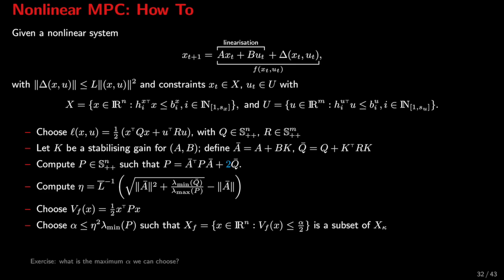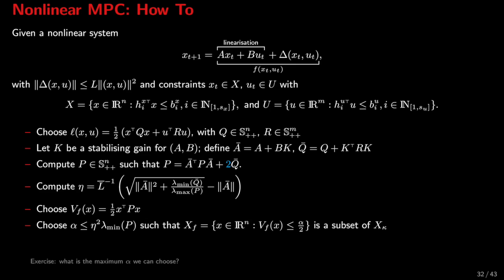Otherwise, it will be impossible to find such a matrix K. Then define A bar and Q bar the same way as we discussed before, and compute a matrix P that solves this Lyapunov equation: P = A bar transpose P A bar + 2 Q bar. Don't forget about the 2. Compute η via this equation.